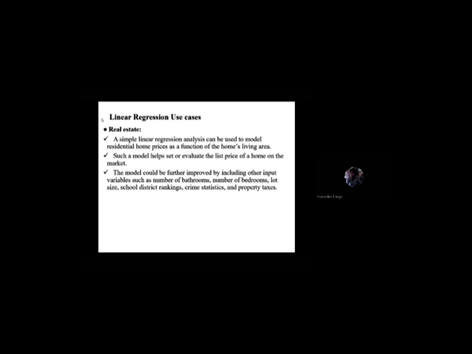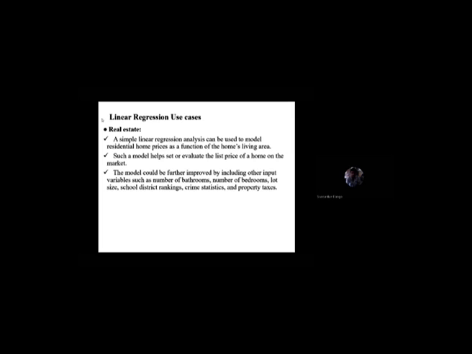What is the size in square feet of a particular home, right? So here the input variable is the size of the constructed area in square feet, and the output variable is the price of the particular home, right? You can also extend it for multiple variables.